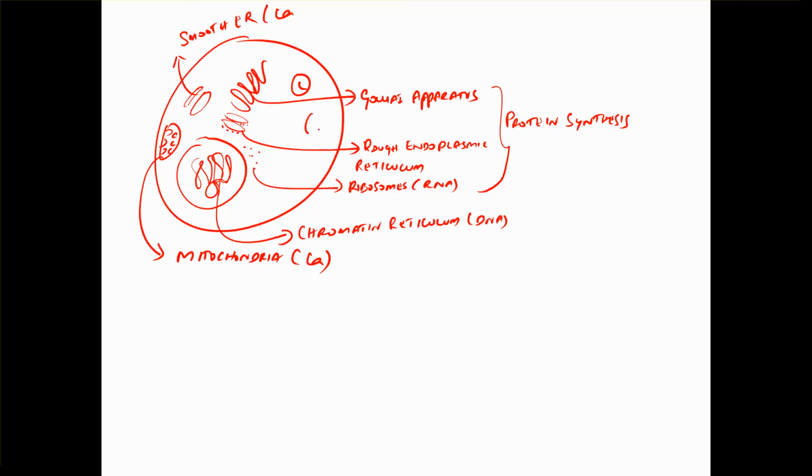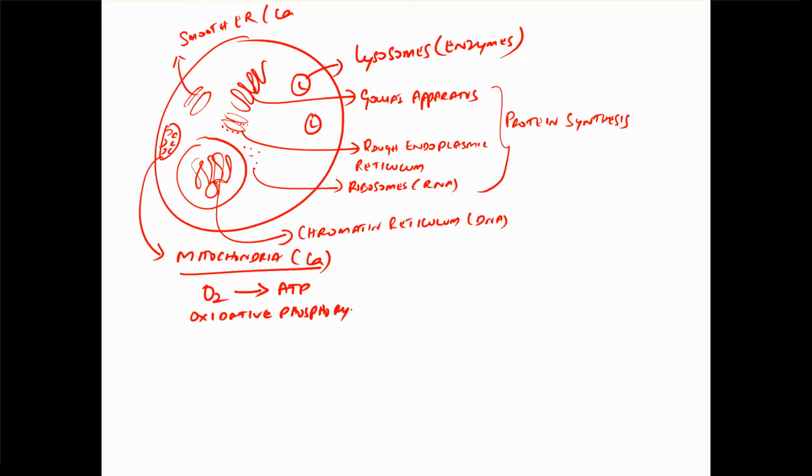Apart from that we have lysosomes, which contain enzymes. The mitochondria produce energy by using oxygen and produce ATP, and this is called oxidative phosphorylation, otherwise called aerobic respiration.